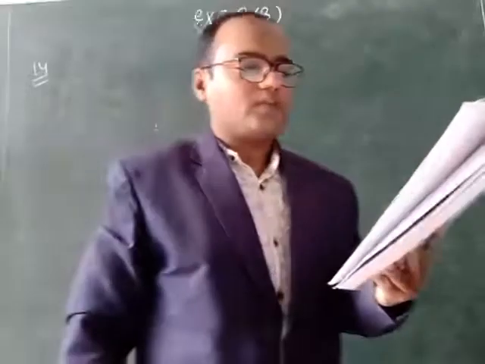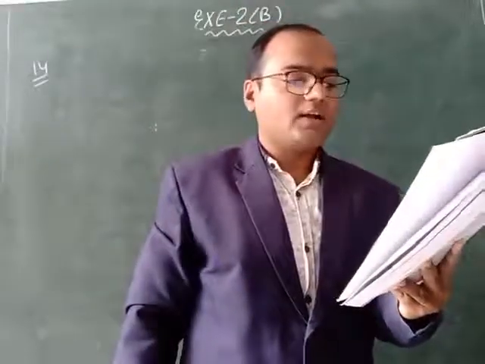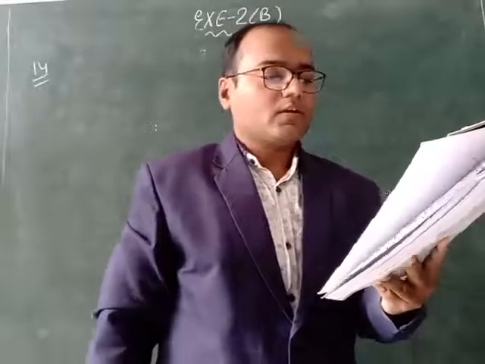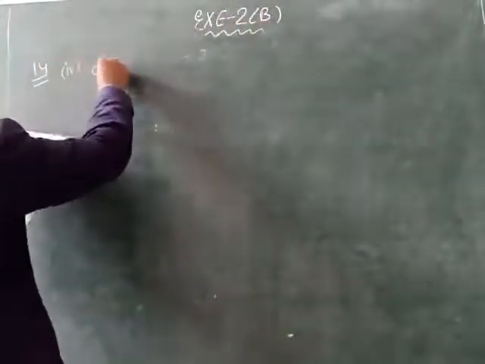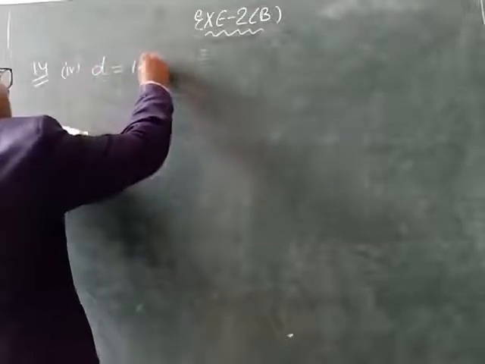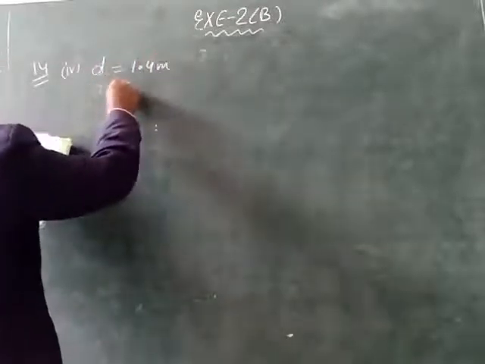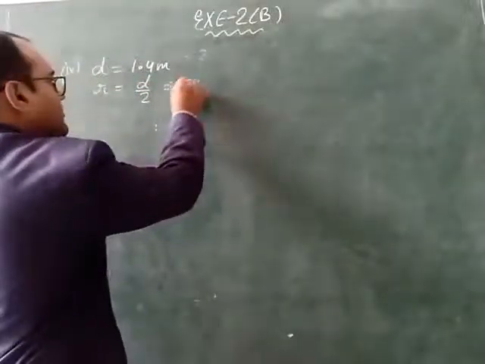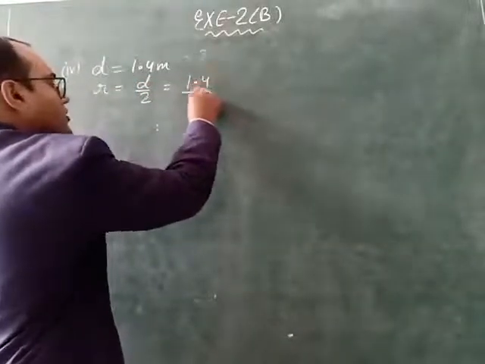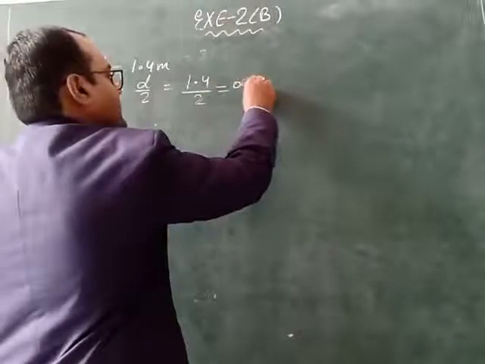Find the curved surface area and total surface area of the cylinder. Part number 4. Diameter D is given as 1.4 meter. First of all, we will find the radius. Our formula is D upon 2. So the radius will be 1.4 upon 2, which is 0.7 meter.